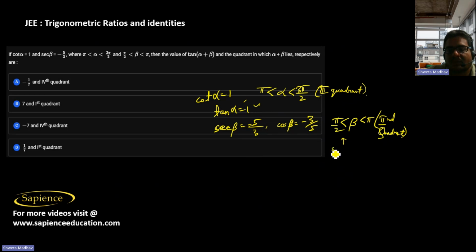So here only sine and cosec are having positive values, but tan beta will be negative. So from here sine beta I can say will be 4 by 5.